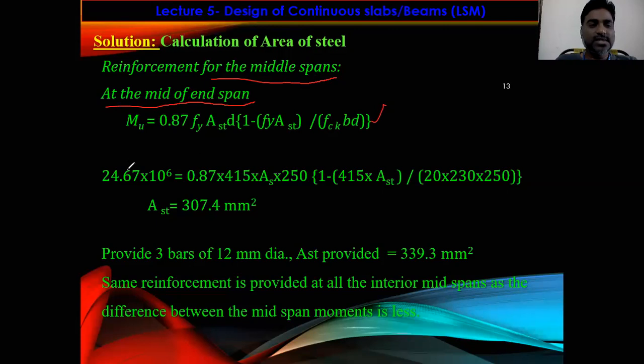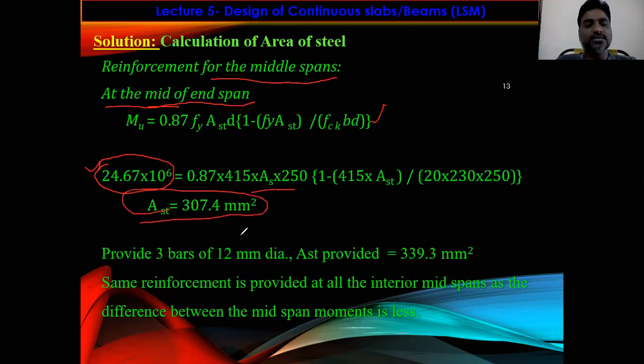The only difference is to change the bending moment, because the bending moment at the middle of the end span is 24.6467 into 10 power 6 Newton mm. If you substitute the values and solve this equation, you will get the area of steel equal to 307.4 mm square.